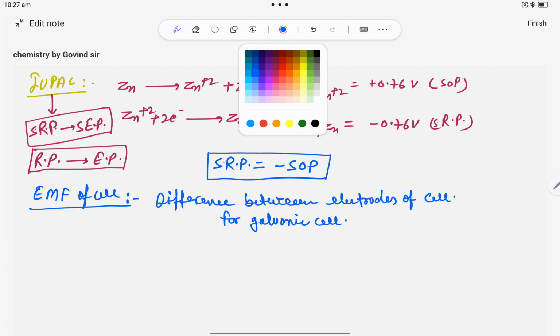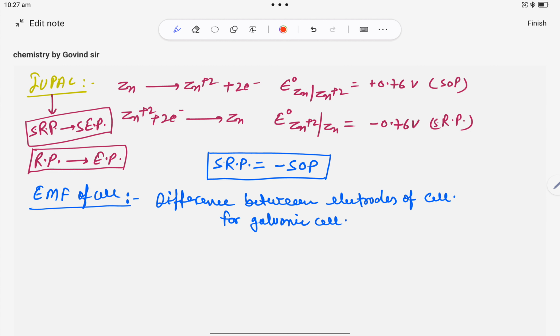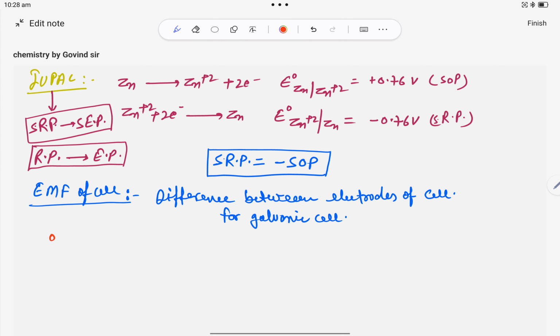So here, children, suppose oxidation: metal M gives M^n+ plus n electrons, then E of M is equal to minus 0.2 volt.